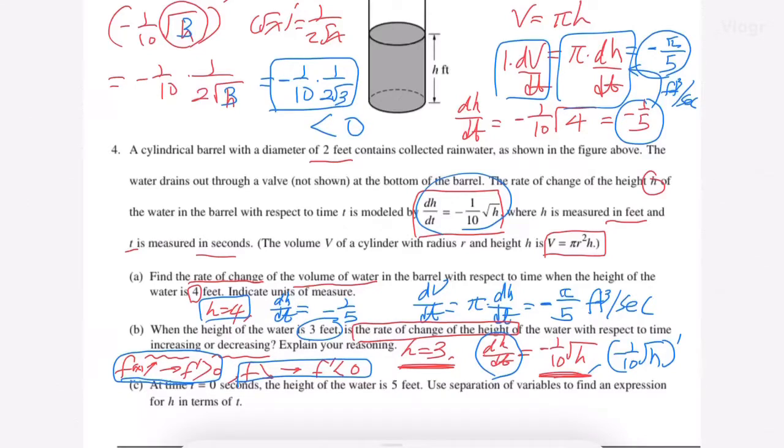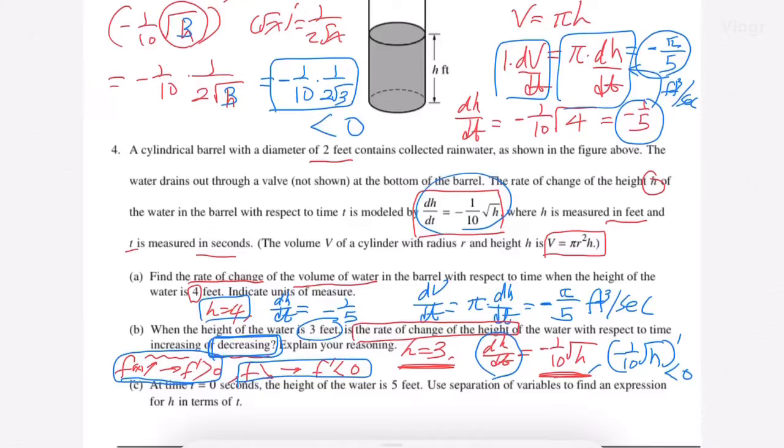This is less than 0. Because this derivative function is less than 0, the rate of change of the height is decreasing. So the answer is decreasing. That makes sense, right? Let's go to C.